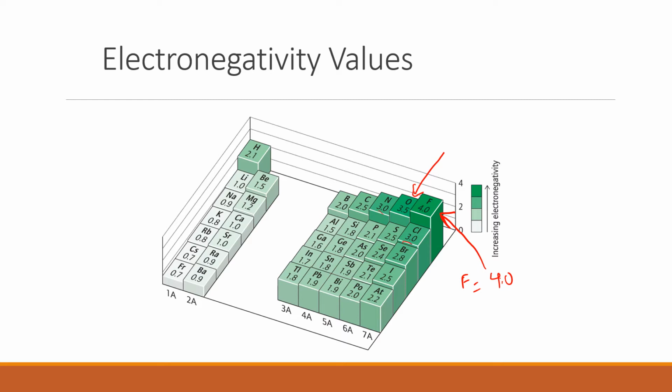One trend we can see here is that on this side of the periodic table we have highest value of electronegativity. If we go down the group, electronegativity value decreases, and if we move from the right side of periodic table to the left side, even then the electronegativity value decreases.